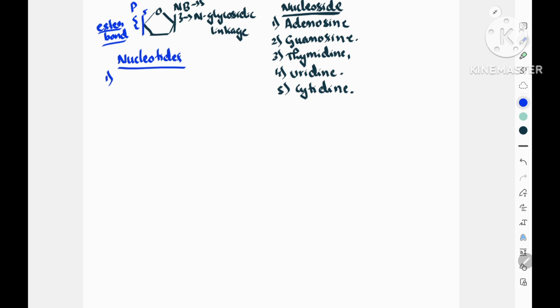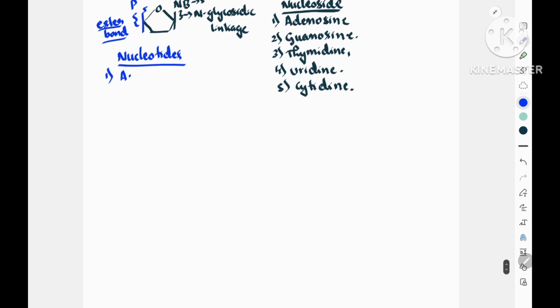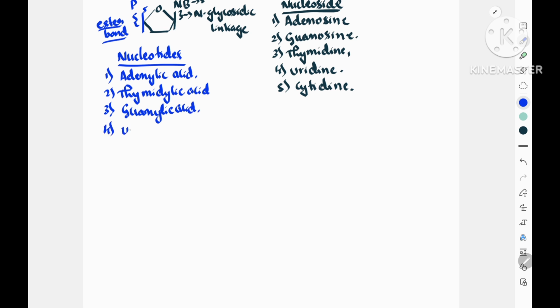And the names of nucleotides include adenylic acid, thymidylic acid, and remember all these names are given in NCERT, so you should remember them, guanylic acid, uridylic acid, and cytidylic acid.